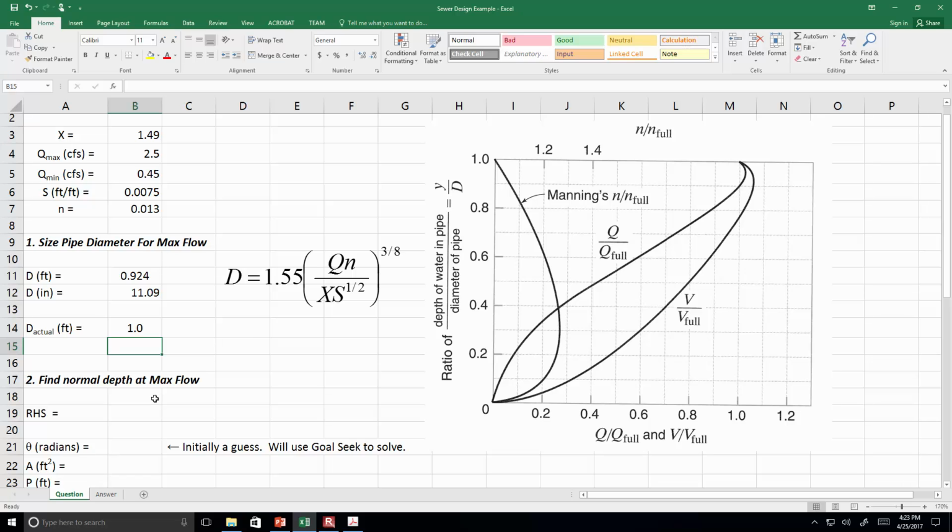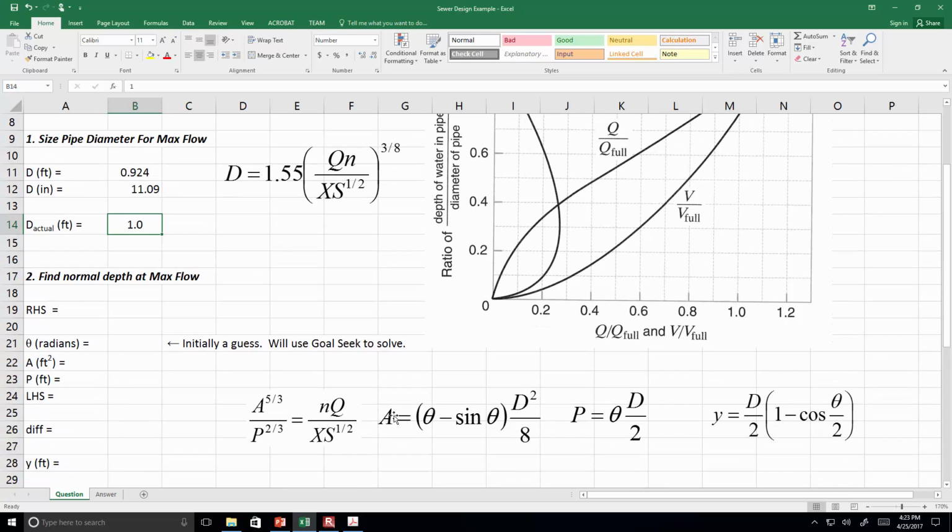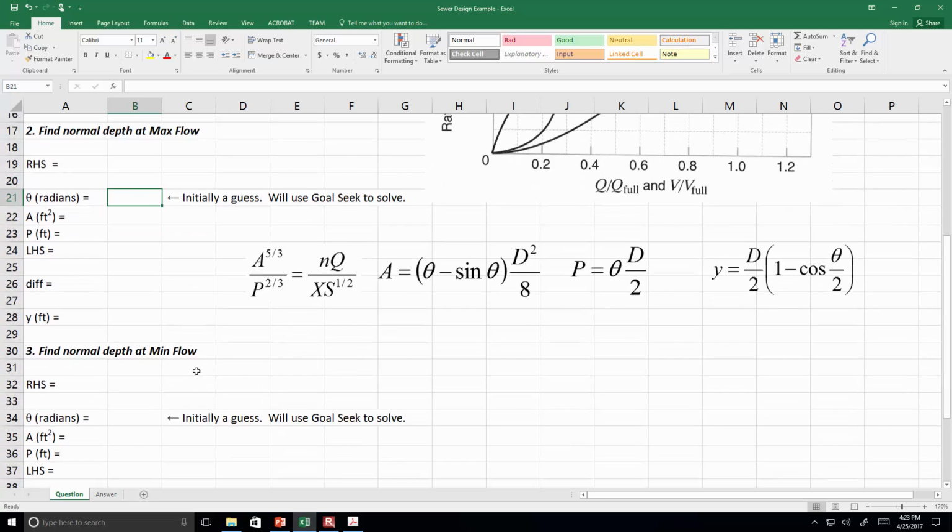So now we have to say if it's 1 foot in diameter, how deep is the flow through there? And the process that I've got set up here is, we're going to be starting with some guess value of what the angle is, and then solve for the normal depth at that guess.